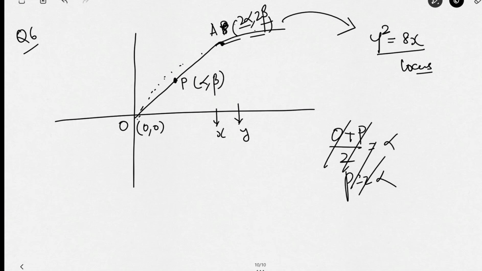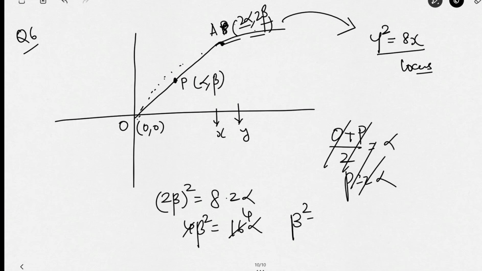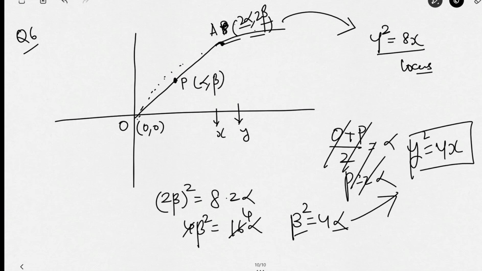So just put y is 2 beta square equals 8 times 2 alpha. So this is 4 beta square equals 16 alpha. So beta square equals 4 alpha, and just put x and y instead of beta and alpha. So equation will be y square equals 4x. This is the answer.